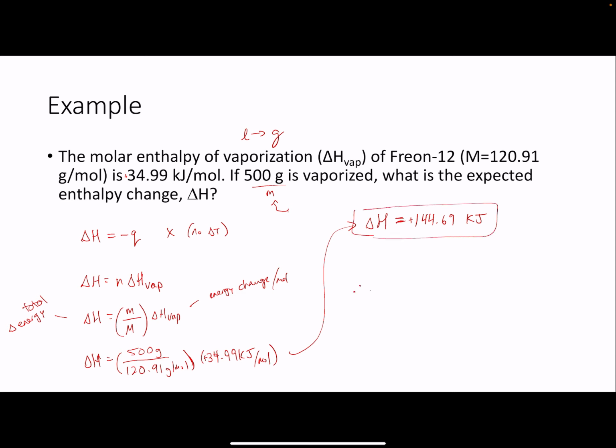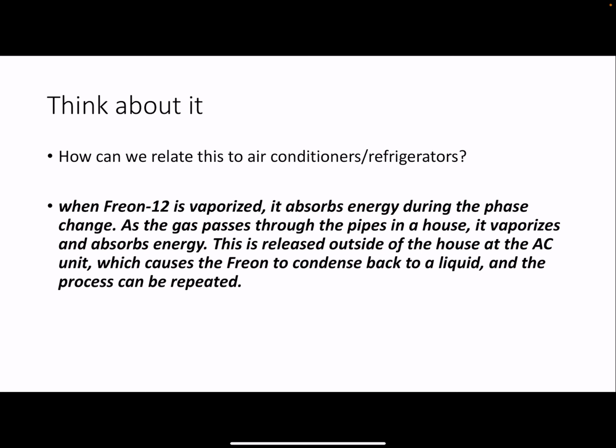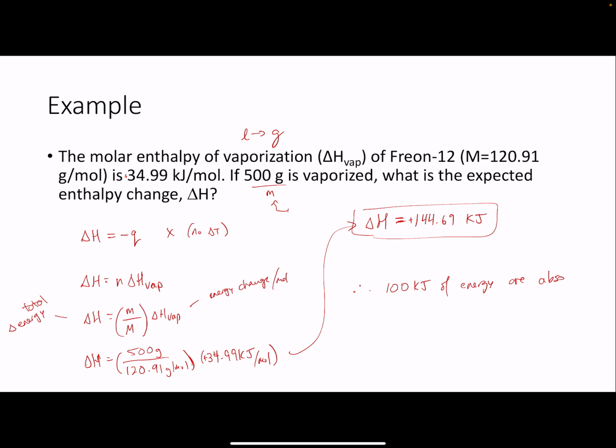So in our final statement, we can say, what is the expected enthalpy change? Therefore, very inaccurate, but to one significant digit, we would say 100 kilojoules of energy are absorbed during this vaporization.